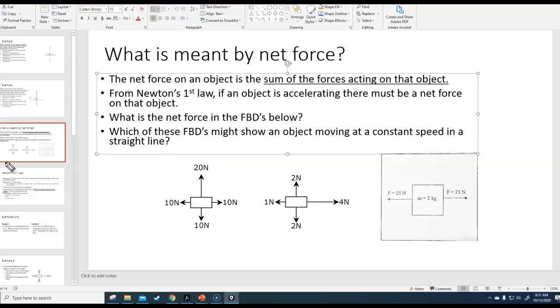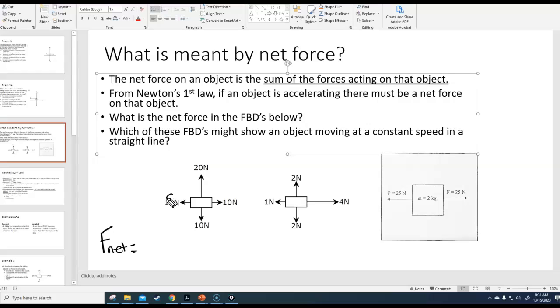So take a look at the FBD shown on the left. If I want to find the net force here, I'm adding up the forces taking into account direction. Now when I say taking into account direction, number 1, if it's going in the negative direction, you add it as a negative number. Number 2, the horizontal forces add together and the vertical forces add together.